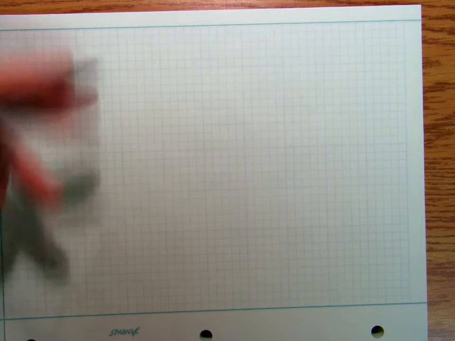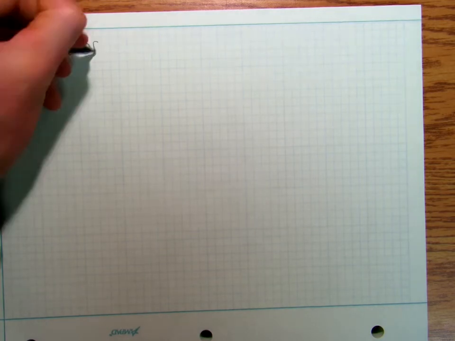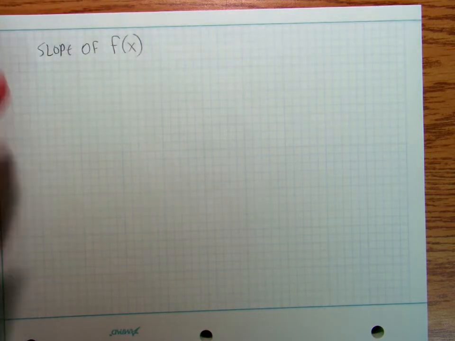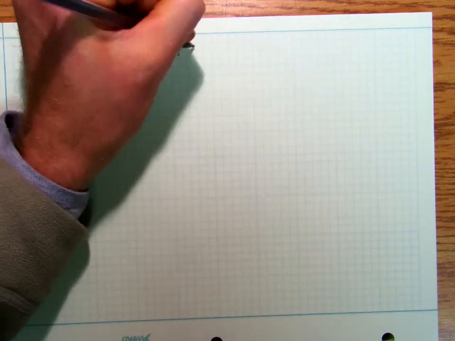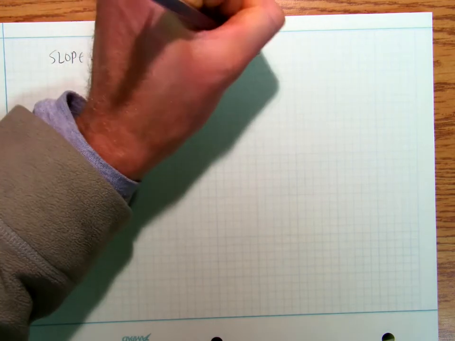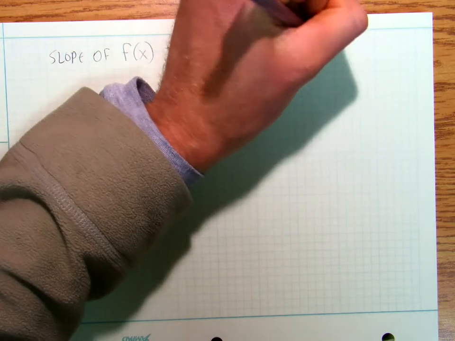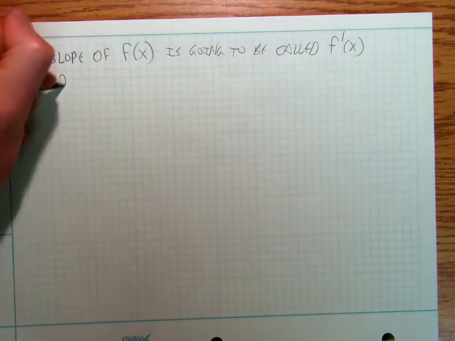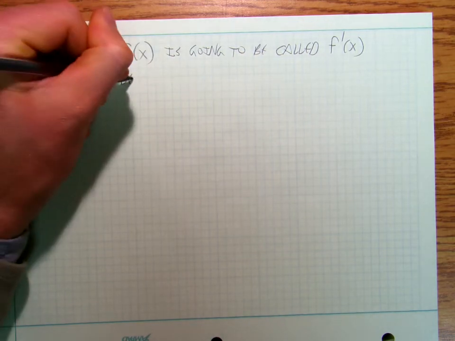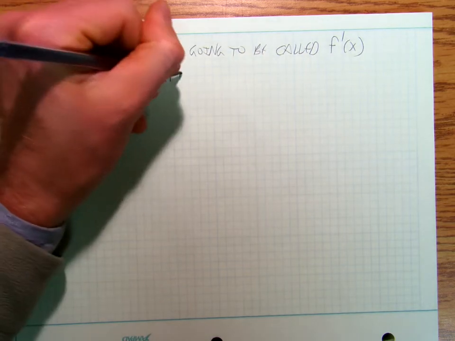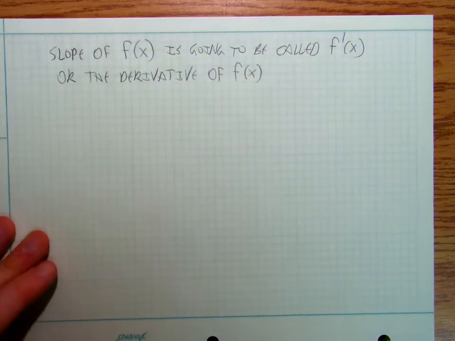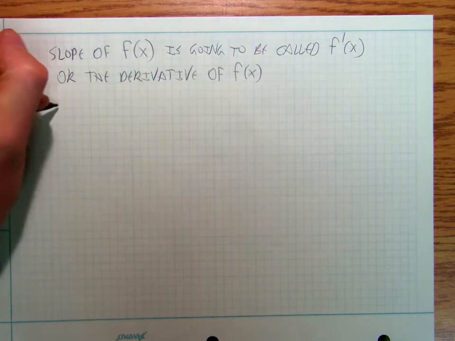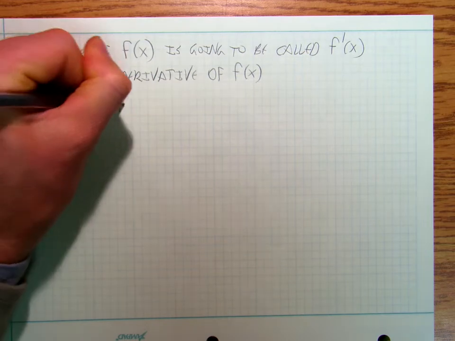Okay, so what they said is the slope of f of x is going to be called f prime of x, or the derivative of f of x.